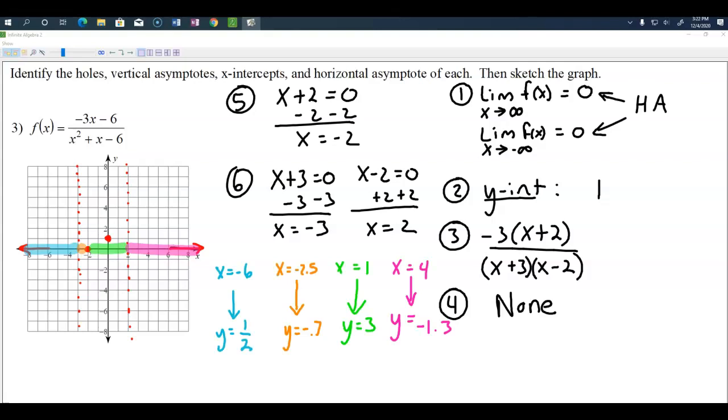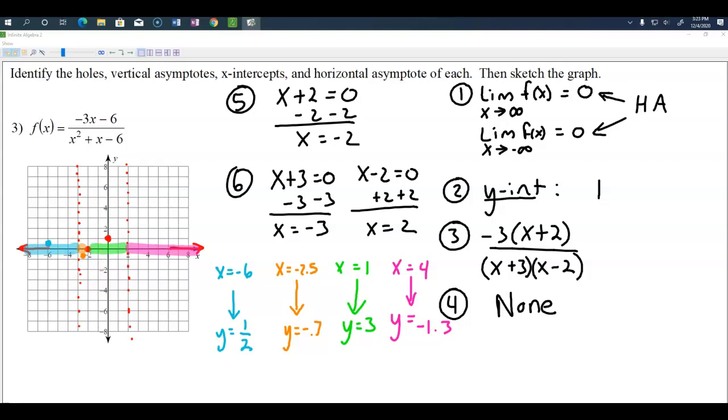So by plugging in these points that I chose, I get a positive half whenever x is -6, so that's going to be like right about there. And then we get a -0.7 when x is -2.5, so it'd be like right about here.